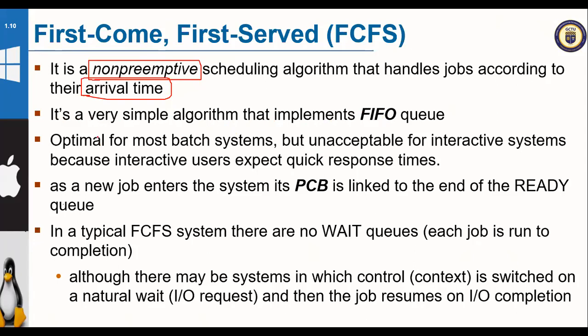This type of algorithm is best suited for most batch systems. You know, the batch systems where processes or instructions are put together in a file and the file is run as a batch. This first come, first serve algorithm is optimal for these batch systems, but it's not acceptable for interactive systems.